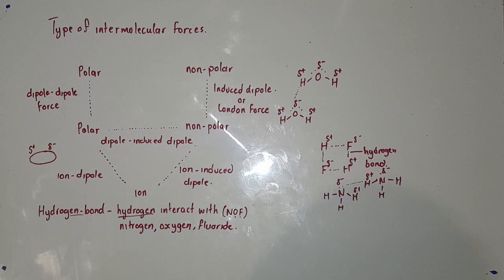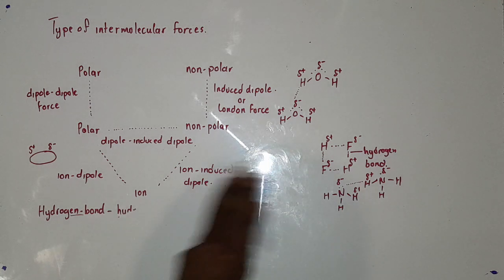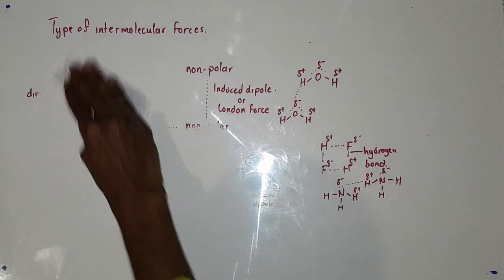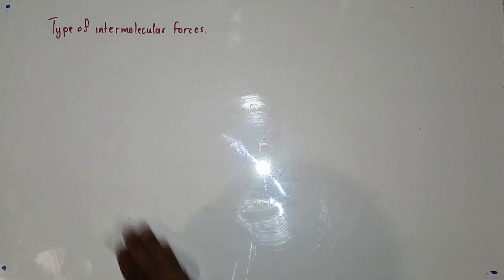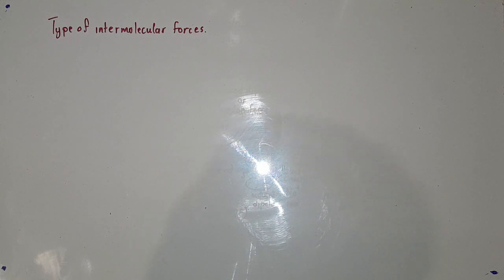Then lastly, we just need to know that, okay, I don't have much space. Let me erase. Lastly, we just need to know that as for intermolecular force, we have the weakest, we also have the strongest.